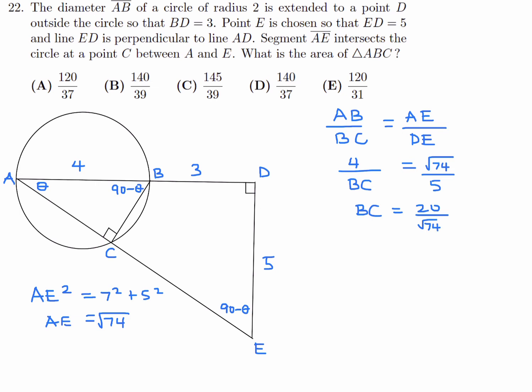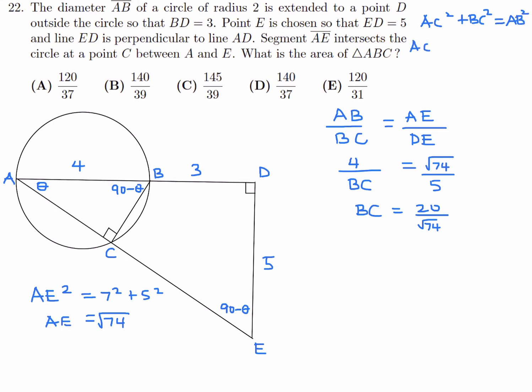All right, I think I have just one more step before I jump to the area of ABC. I've got to figure out AC. And I think I can do that fairly easily using Pythagoras. So that would mean AC squared plus BC squared is equal to AB squared.